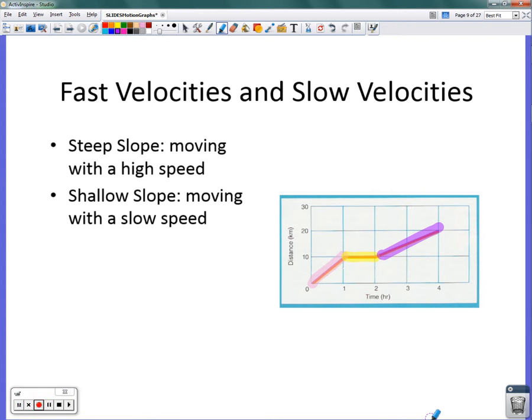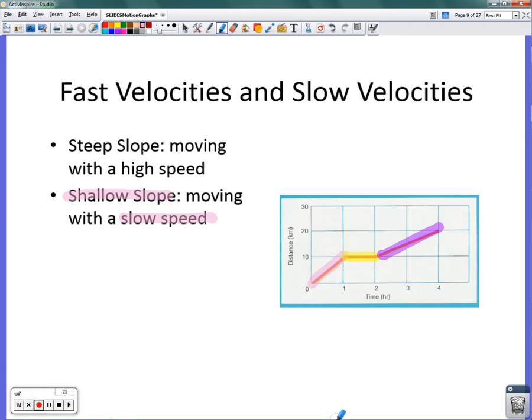But the difference in slope also describes what was going on. The first movement, the shallow slope section, right? A smaller slope means a slower speed or a slower velocity. It wasn't going very fast at the beginning.